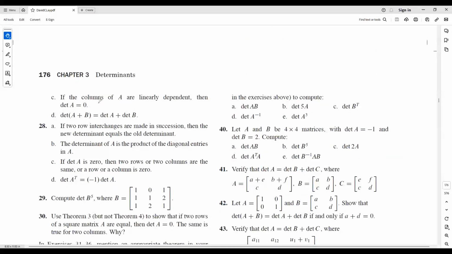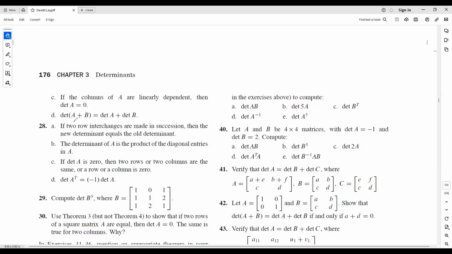C. If the columns of A are linearly dependent, then determinant A equals 0. True. Since an n times n matrix is invertible if and only if its determinant is not 0.